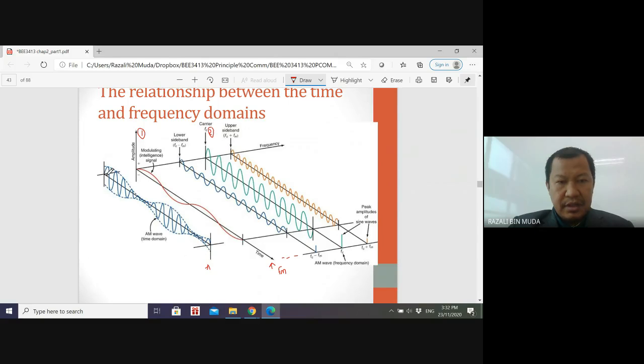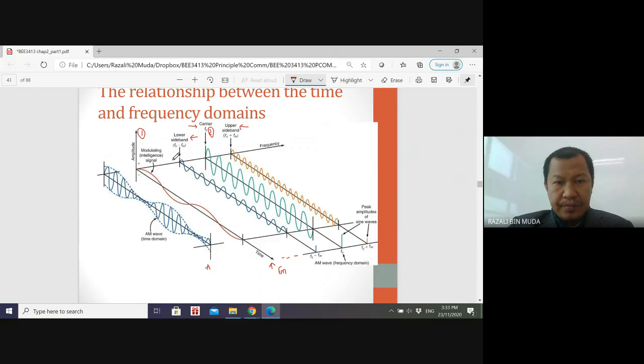This envelope signal consists of several frequencies: the upper sideband frequency, the carrier frequency, and also the lower sideband frequency.